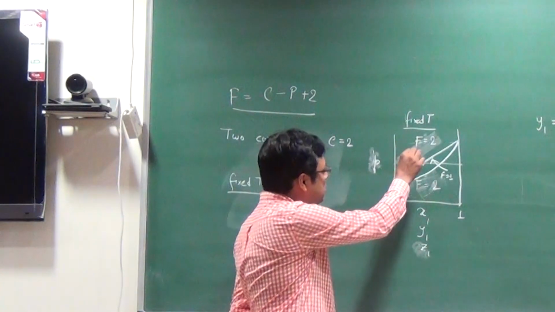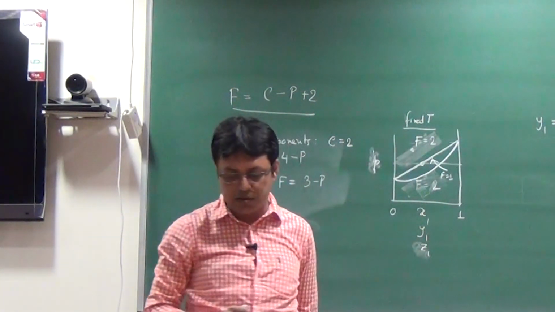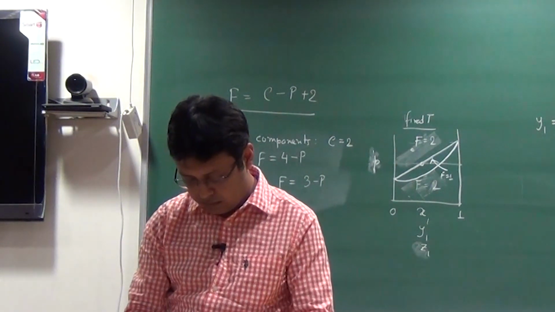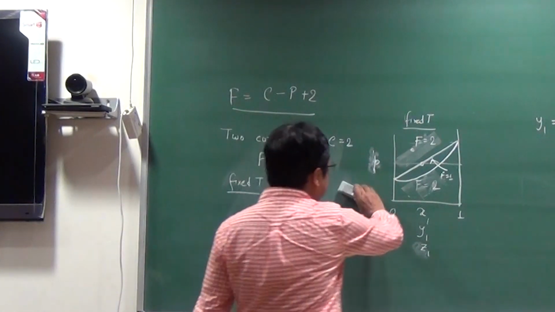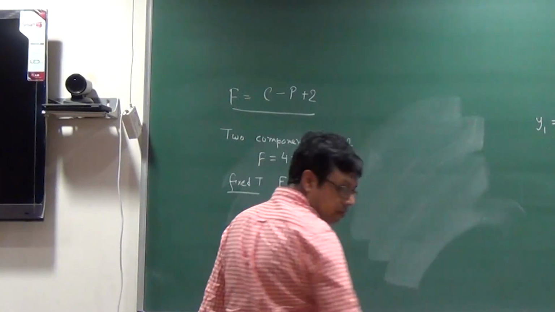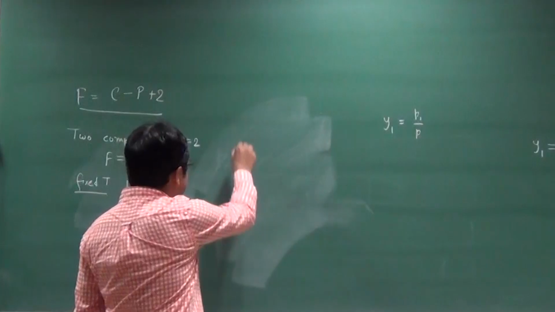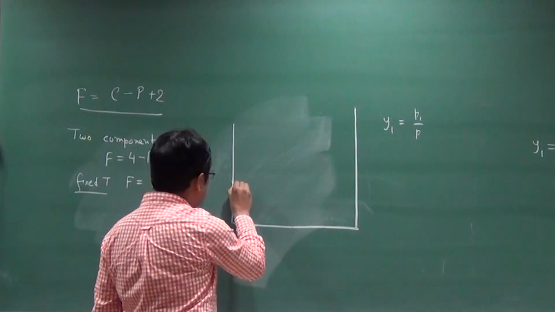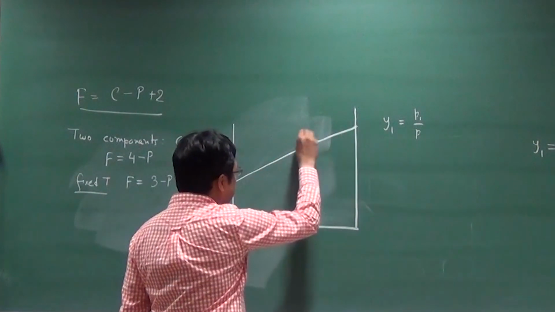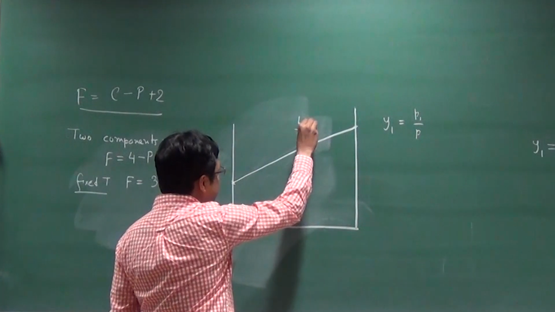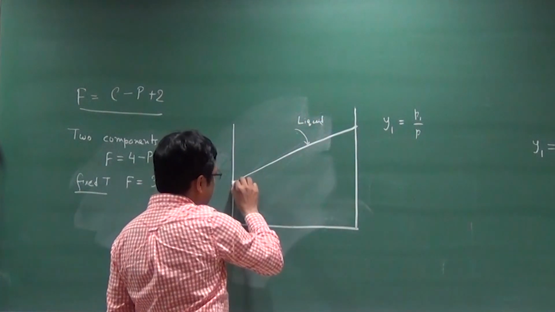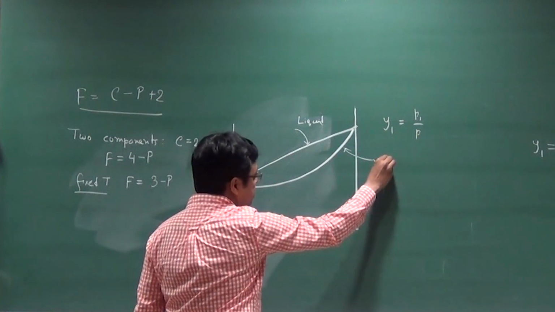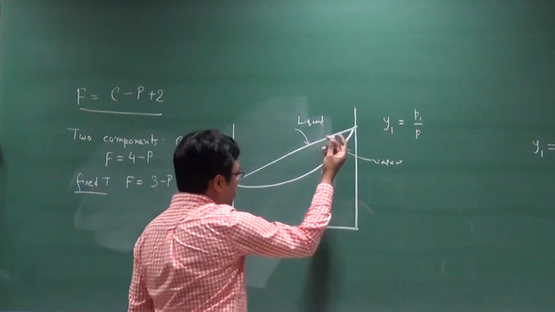Now the question is, suppose I start from here. Let me actually draw it, slightly bigger. The same curve I'm going to just redraw. So what I have is this, and this is for the liquid, and this is for the vapor, or gas.